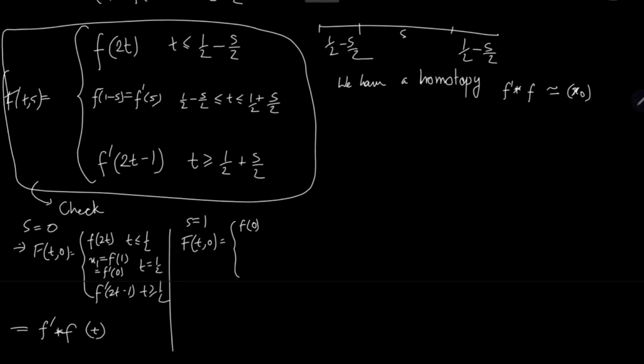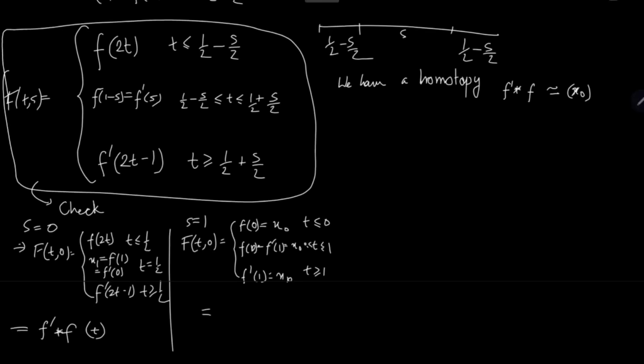If s is equal to 1, we see that f of t comma 0 is equal to f of 0, which is equal to x naught for t less than equal to 0, which means just t equal to 0, f dash of 1, which is equal to x naught for t greater than equal to 1, and this would be equal to f of 0 equal to f dash of 1 equal to x naught for t between 0 and 1.